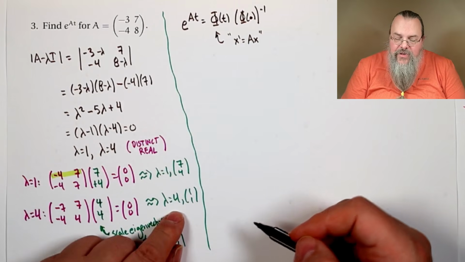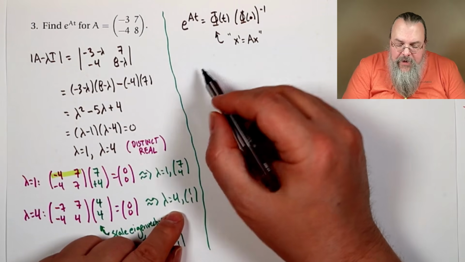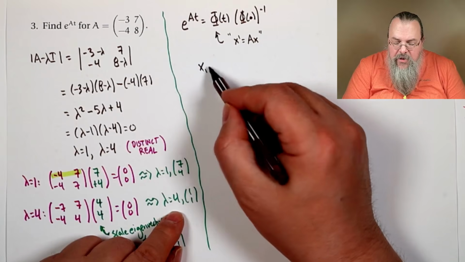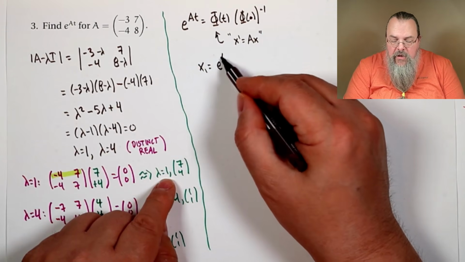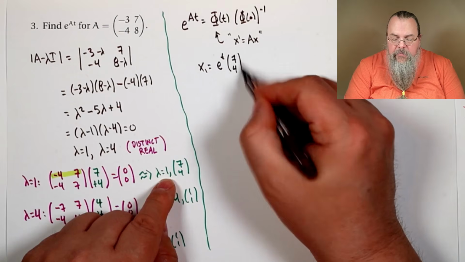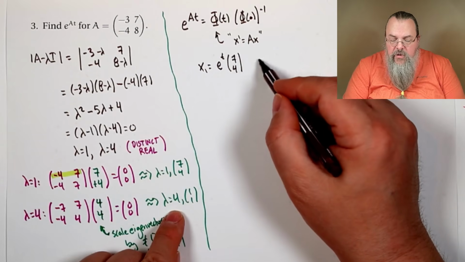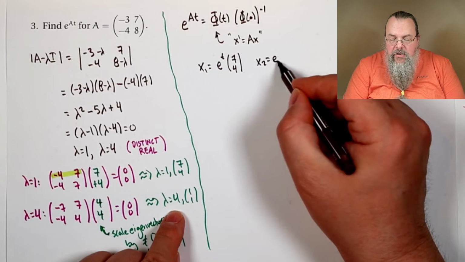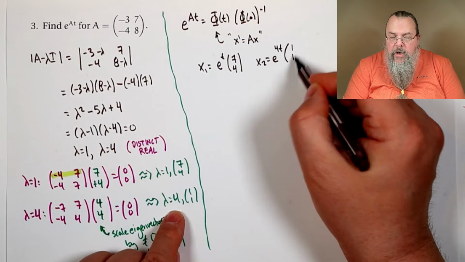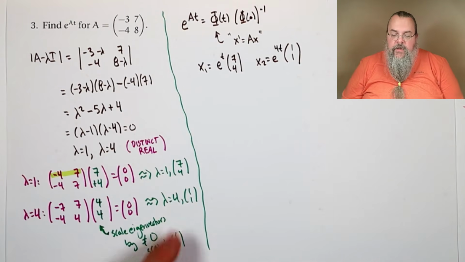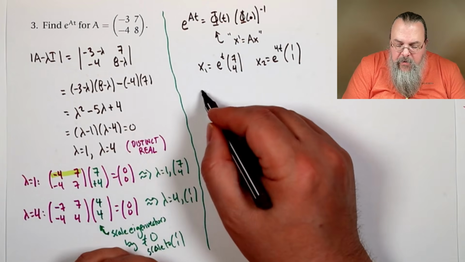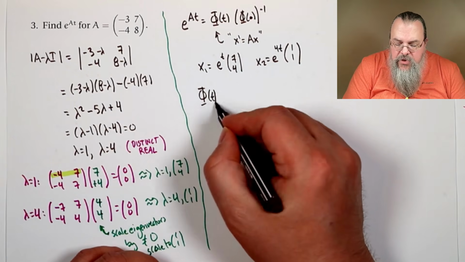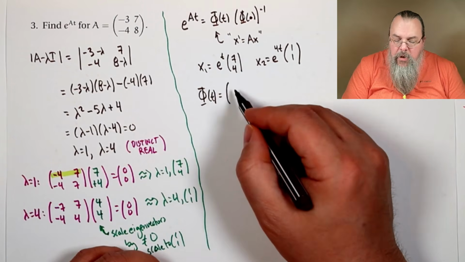into solutions. So we have that our two solutions look like x1, e to the 1t, 7, 4, and x2 would be e to the 4t, 1, 1. Now, our phi of t says each solution is a column.